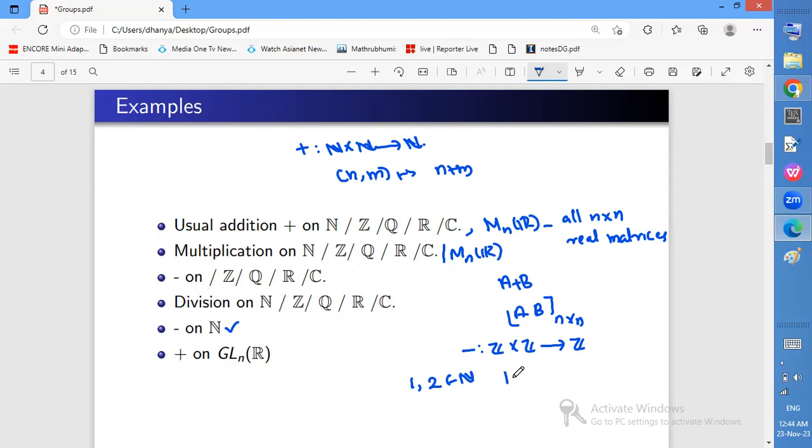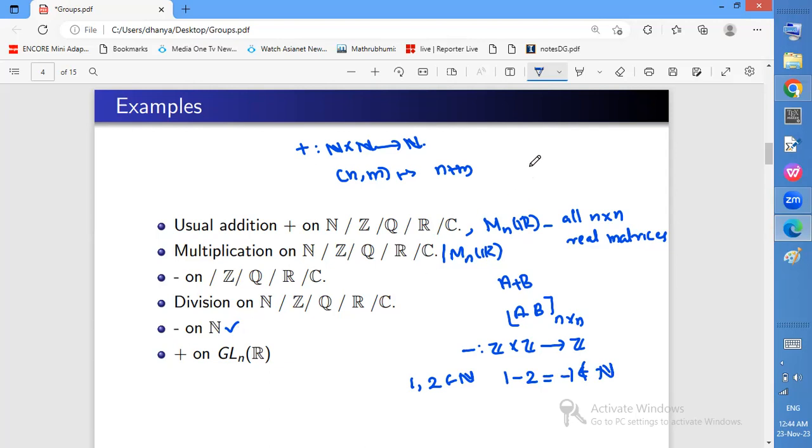It is nothing but 1 minus 2, that is minus 1, which does not belong to N. So the set of all natural numbers is not closed under subtraction. So this does not form a binary operation on the set N.